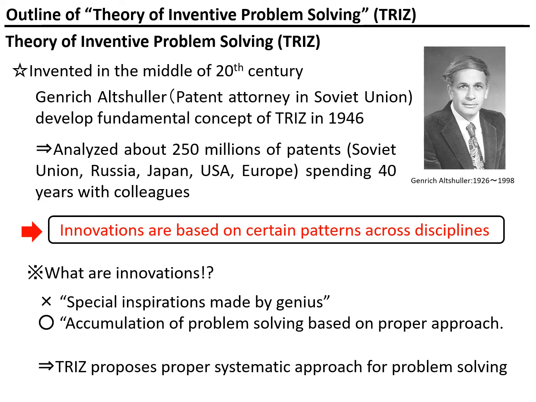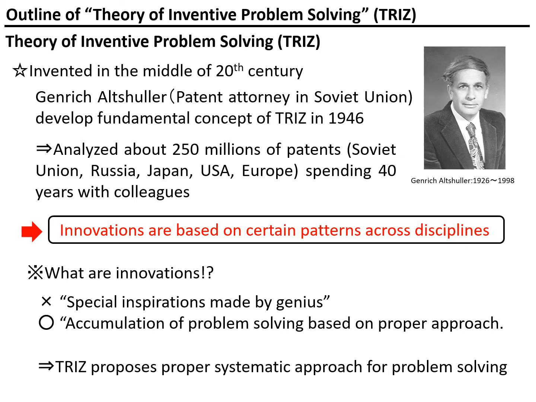We tend to think that innovation is special inspiration made only by geniuses. But what he says is, innovation is not something like that, but an accumulation of problem solving based on a proper approach. What this means is everybody can realize innovation.